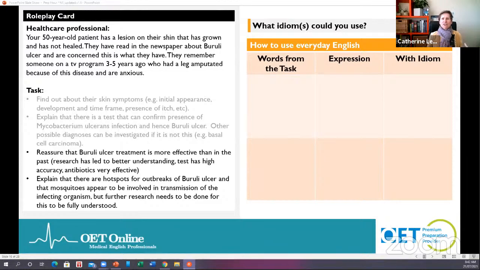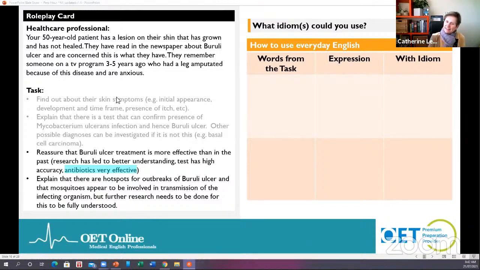So in a nutshell, Buruli ulcer is a skin infection. We think that it's transmitted by mosquitoes. So that one's a common one actually with students, with candidates. Is there something that you're trying out?